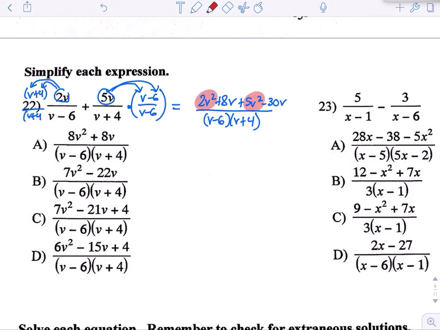These are the same, and those two that I did not highlight are the same. So you can combine like terms. So 7v squared, 8v minus 30v is minus 22v. All over the same common denominator. So your answer, B.